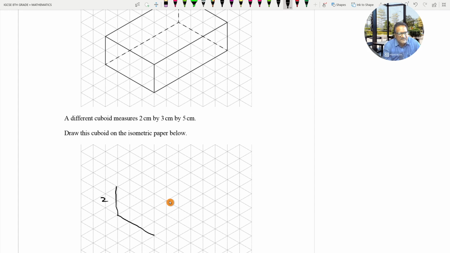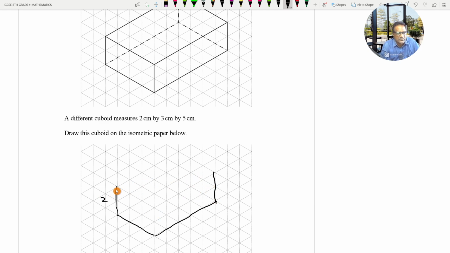Got it? Now the third one is 5 blocks. So I'll go from here 5 blocks, 1, 2, 3, 4 and 5. So I got this. Now again from here I'll go 2 blocks this way, and then I'll join this also, right?